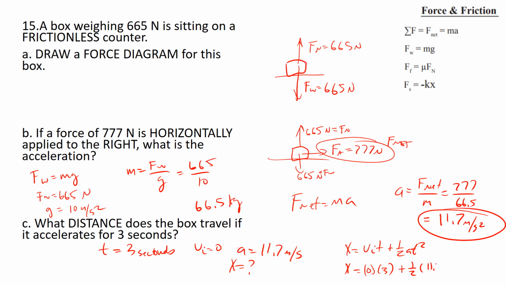Acceleration is 11.7. Once again, this object's not falling through the air. It's doing what they're telling you it's doing, so it's not 10. Squared, and we plug that in. So 3 squared equals 9 times 11.7 times 0.5 equals 52.65, or let's go with 52.7. And that's going to be meters. There's your answer.